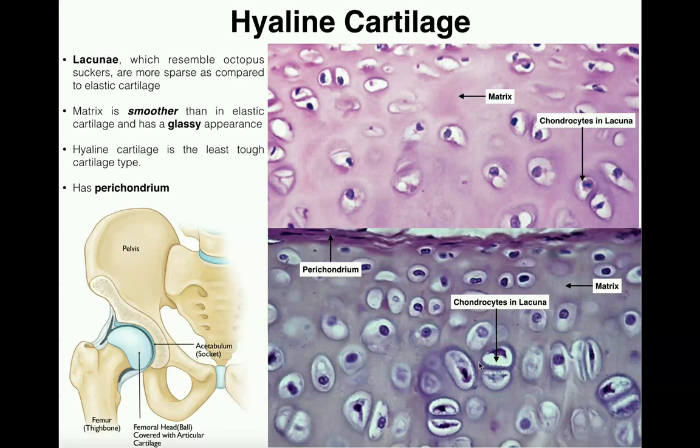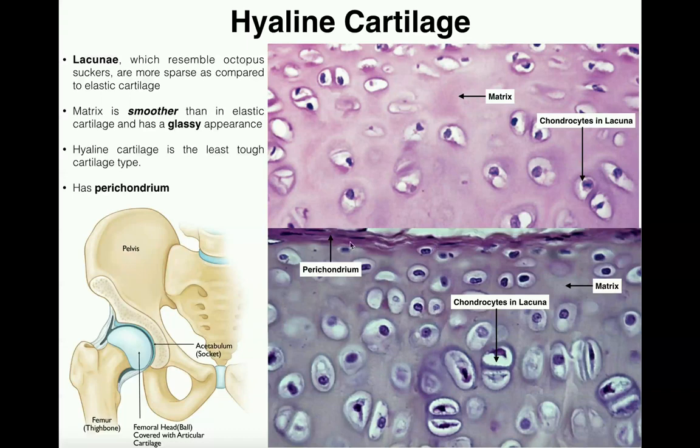Here's another view. In this case, the lacunae appear to be a little bit closer together, but again, the giveaway that it's hyaline cartilage is that the matrix is very smooth. This region between all of the lacunae is very smooth. Now, the other thing that hyaline cartilage has is perichondria. This will not be visible in every view, but if you look right here where my mouse is, this kind of darkened region that looks like it's separate from the matrix of the hyaline cartilage, this region is called the perichondrium.